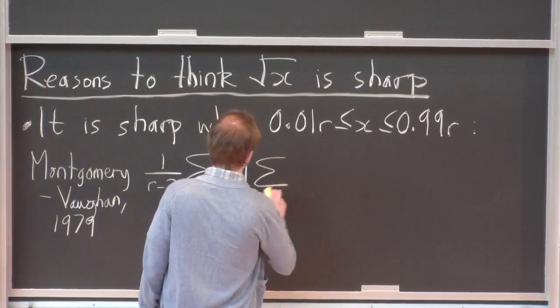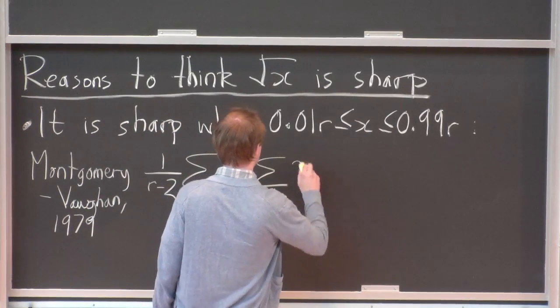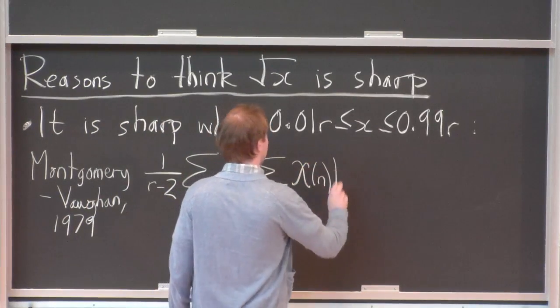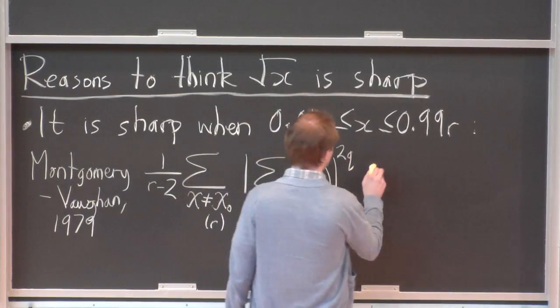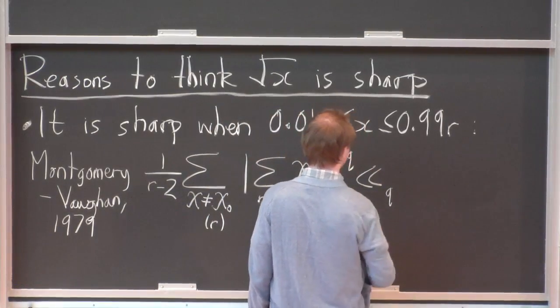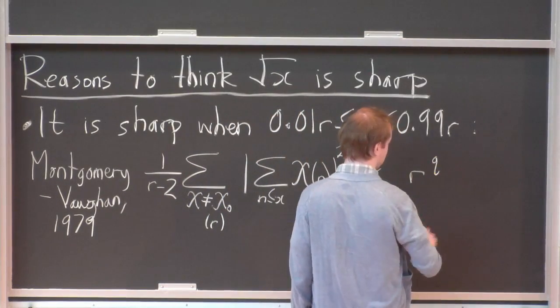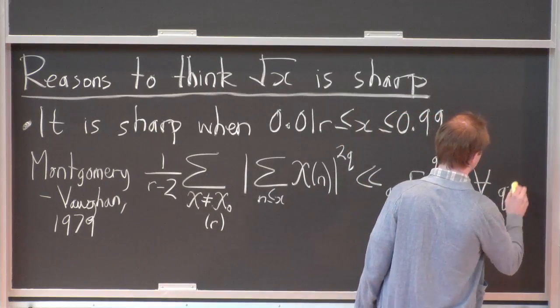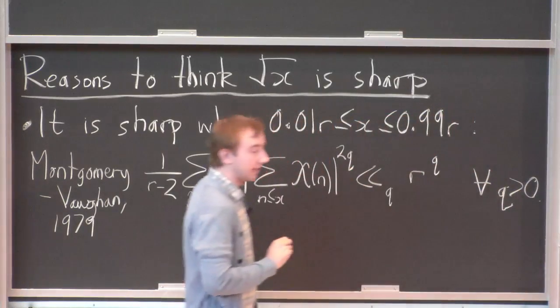And what they do, so they look at the sum of the character to the power 2q, and they can upper bound this by some constant that depends on q times r to the q. And they can do this for any q.